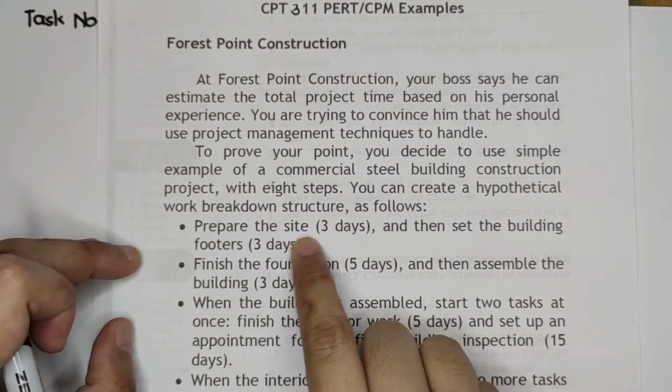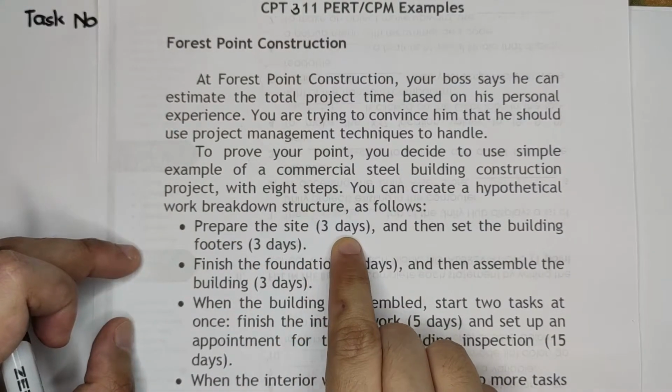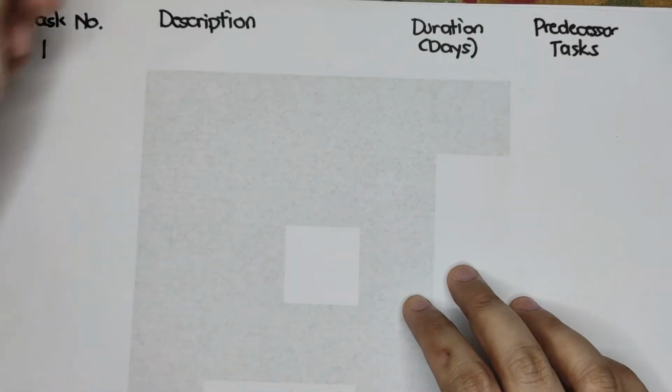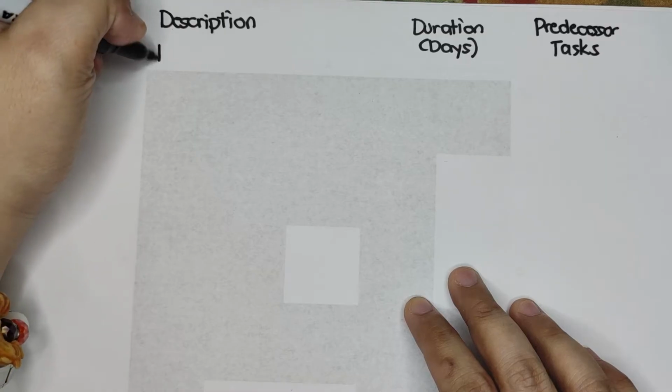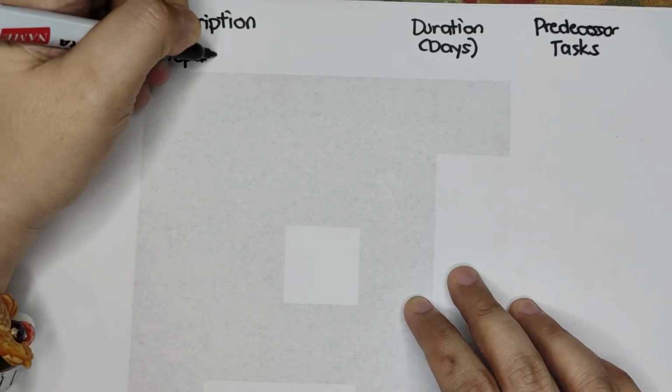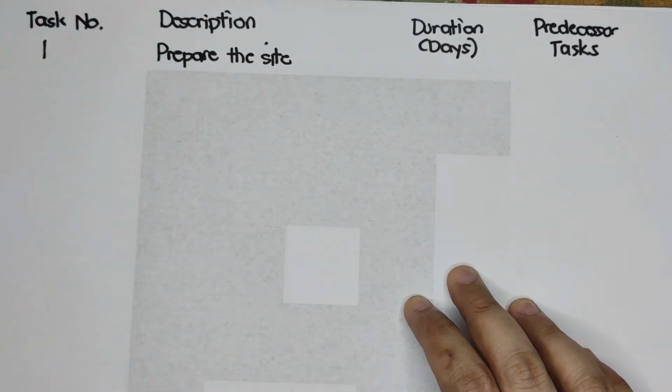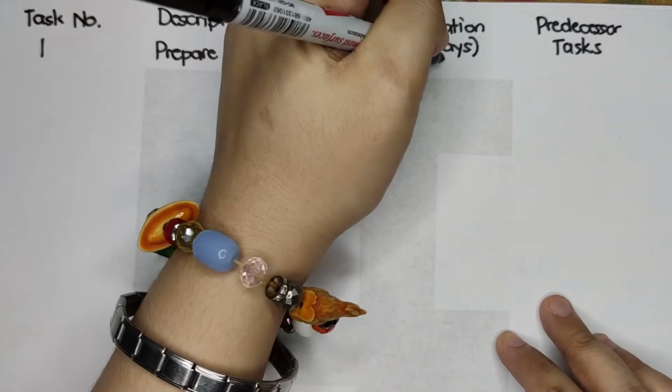So our task number 1 is prepare the site in 3 days. So task number 1, prepare the site, and the duration is 3 days.